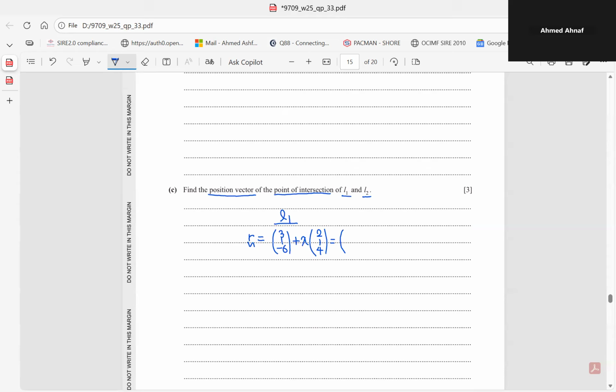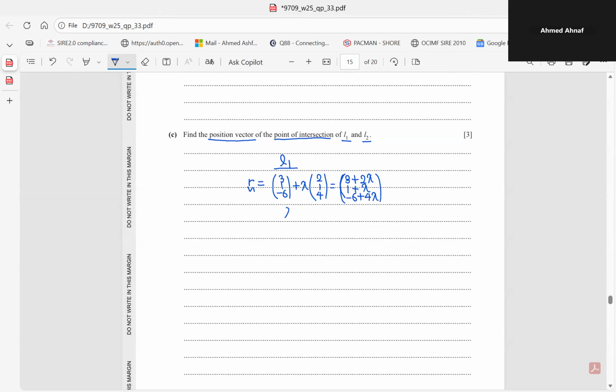Because if you don't know, the vector equation of a line basically represents any generic point that lies on the line. So 3 plus lambda times 2, so 2 lambda; 1 plus lambda times 1, so 1 plus lambda; and negative 6 plus 4 lambda times 4, so negative 6 plus 4 lambda.